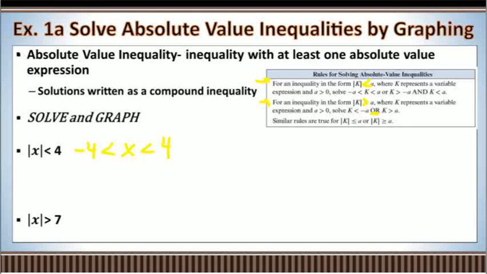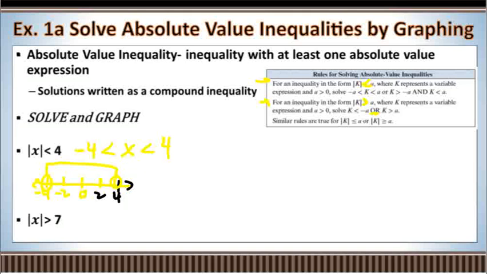And then I just graph it. So negative 4, negative 2, 0, 2, 4. Open circle on negative 4 and 4 going towards each other.